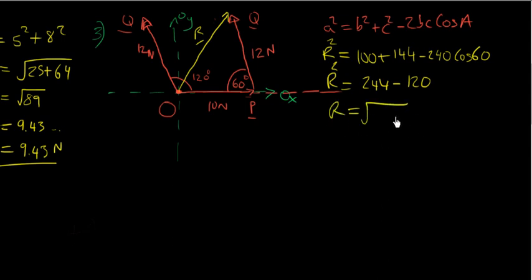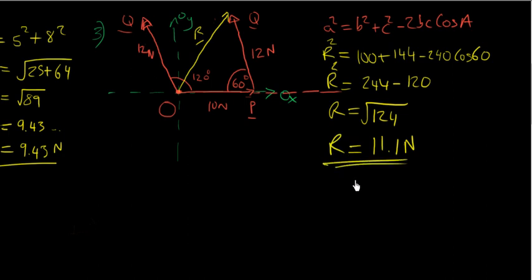So R is equal to the square root of 124, I think. I mean, that makes sense. And the square root of 124 comes out to be 11.1 newtons.